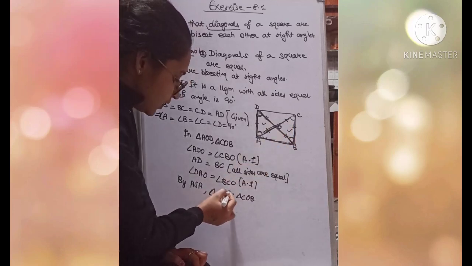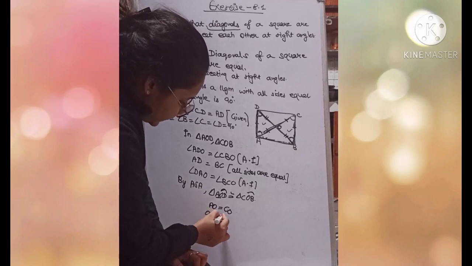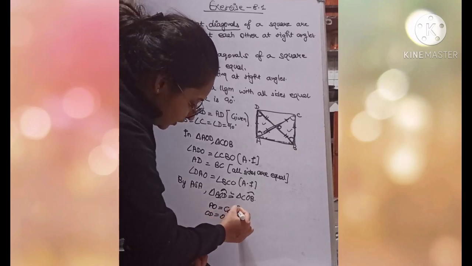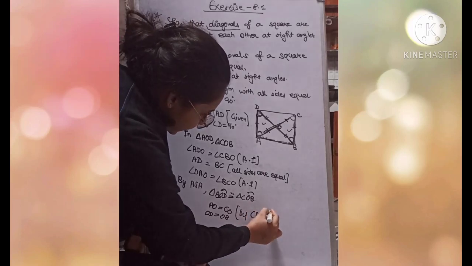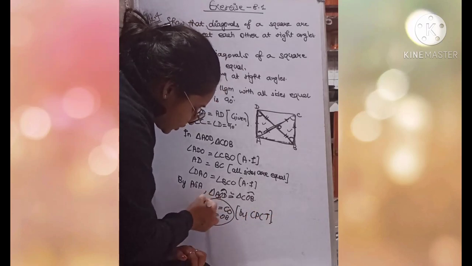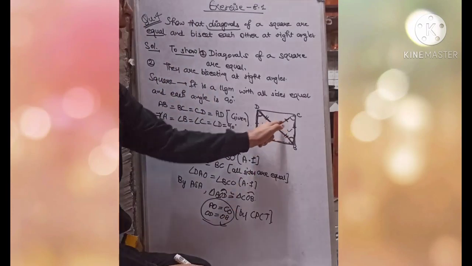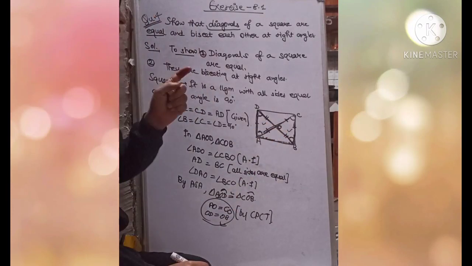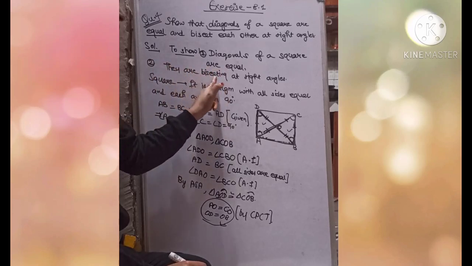And OD is equal to OB. And yes, the reason will be by CPCT. And if these two conditions are proved, it means diagonals are bisecting each other. So we are done with half part of the second part, that they are bisecting.